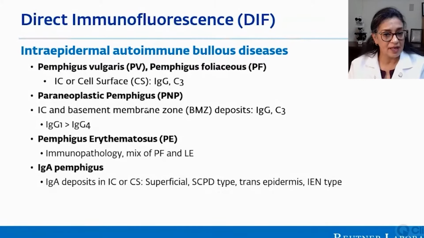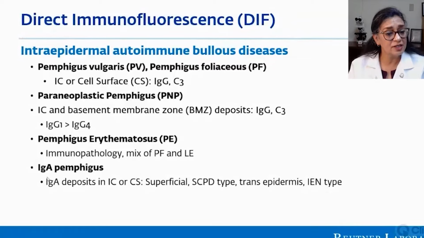Also in paraneoplastic pemphigus, we can see a mix of epidermal and basement membrane zone deposits of either IgG or C3 or both. And we've also noticed, while we test for subclasses, that the IgG1 subclass is stronger than IgG4 in PNP.